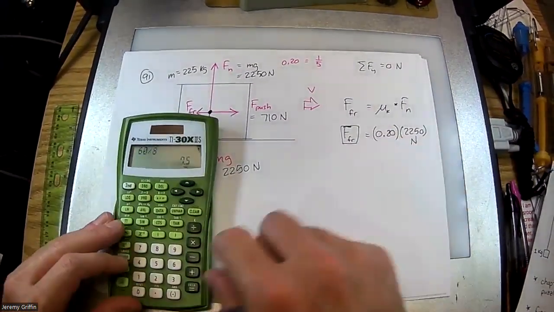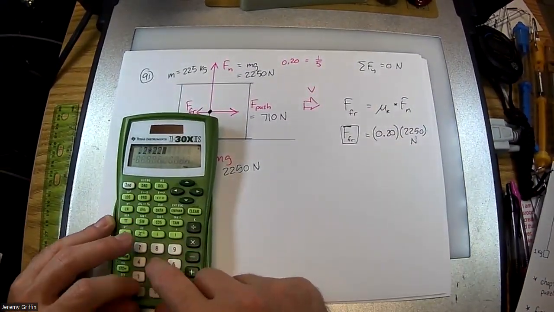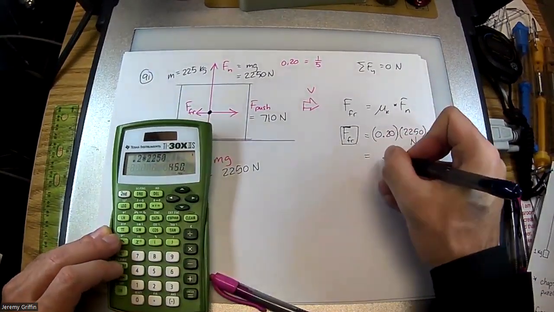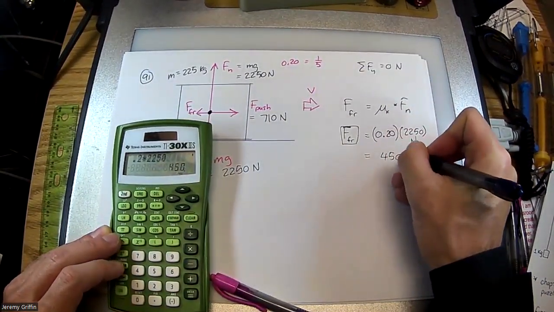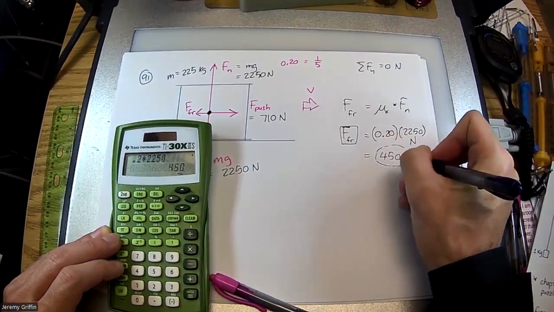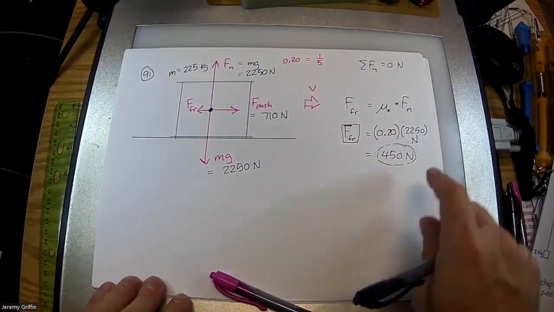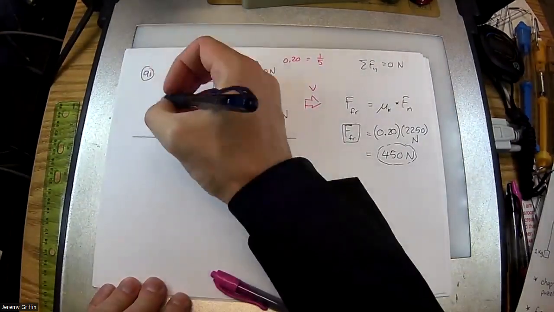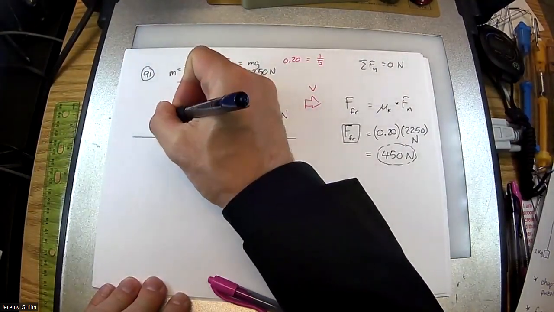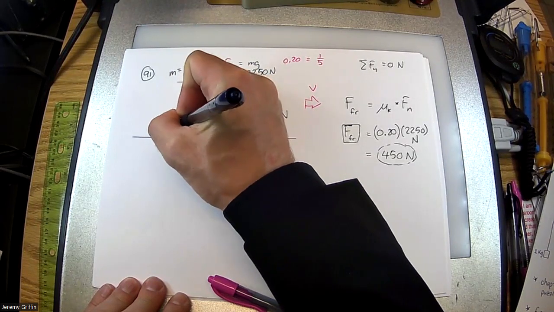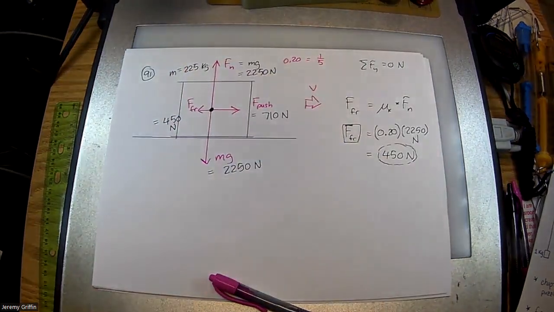Let's see, how many newtons is that? And that is 450 newtons. So we just did a bunch of work there to figure out this must be equivalent to 450 newtons of like drag force.